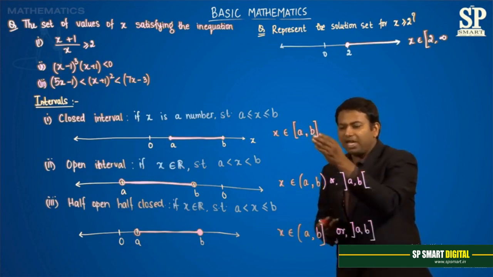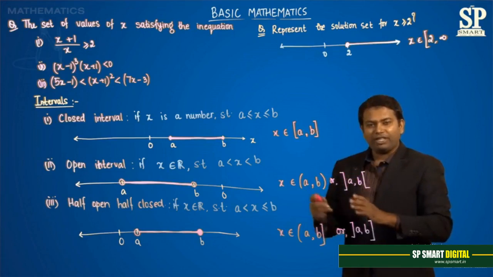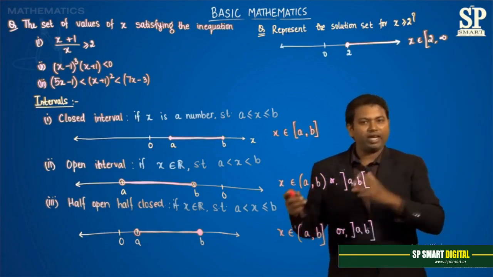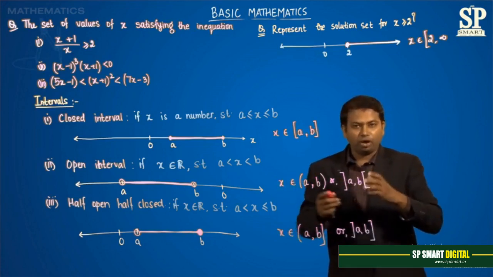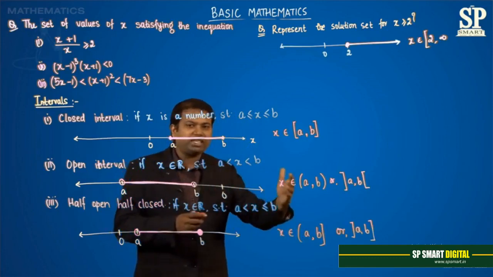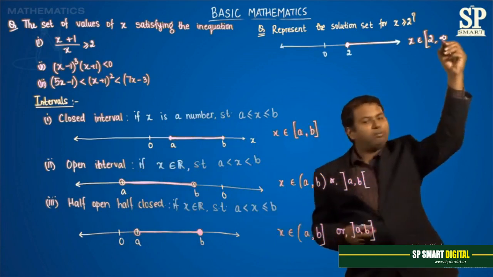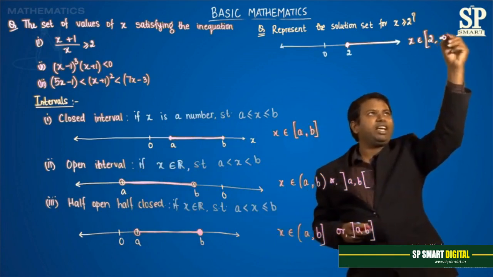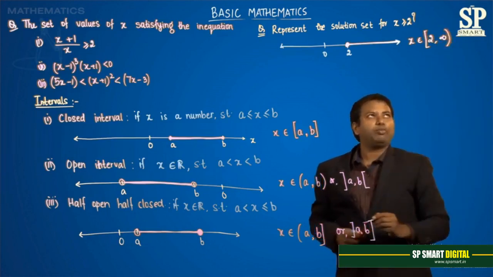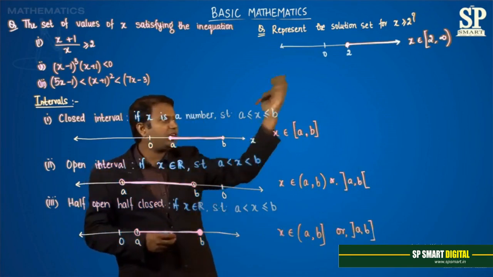Now when I say B lies in the solution set, B is the limit of the solution, but infinity cannot be the limit of any set, because infinity is something which we do not know, which is not defined. It just goes on increasing and increasing. So by definition and by convention, infinity is always going to be open-ended, and hence we have to put the round bracket on the side of the infinity.